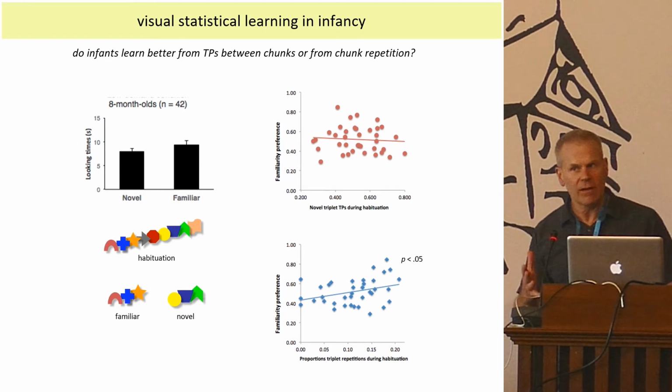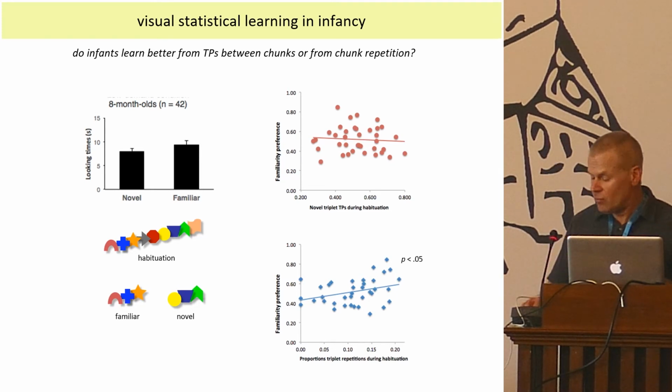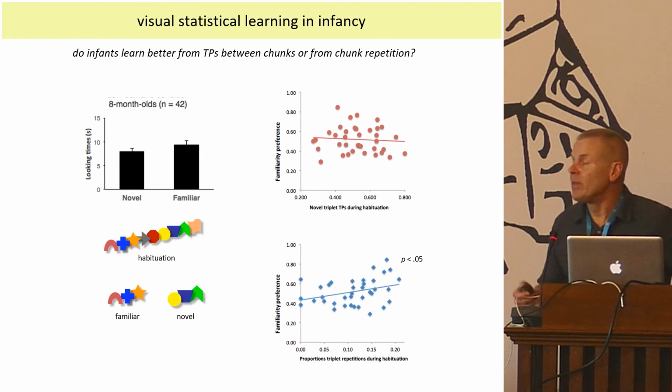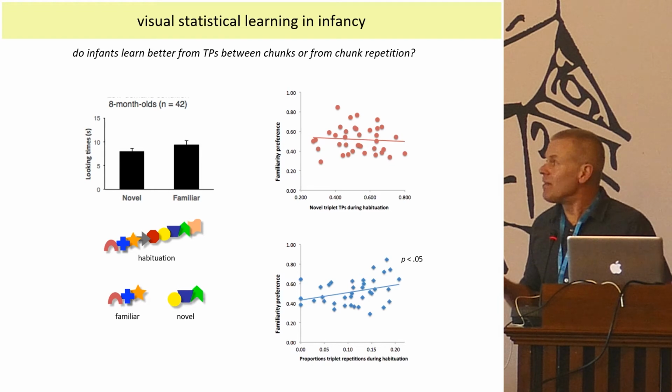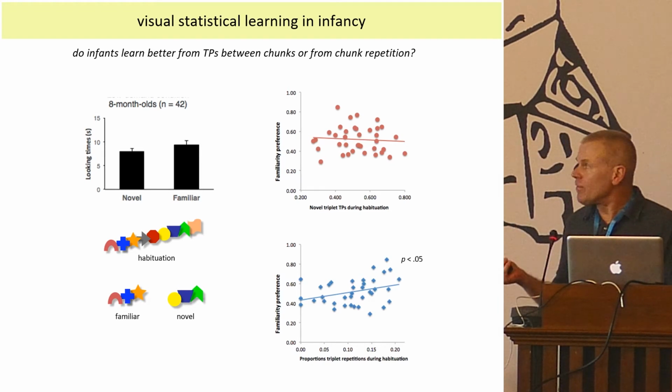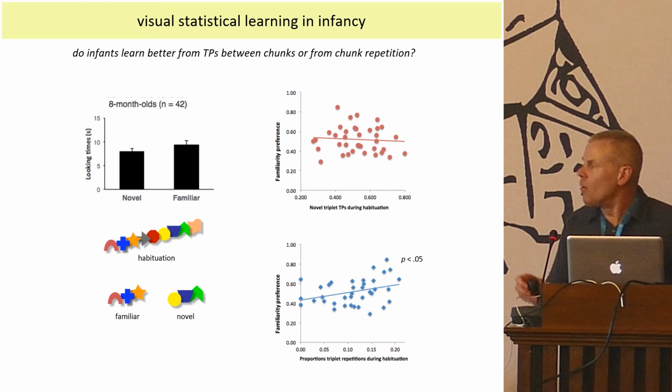Some babies looked a long time, some babies didn't look very long at all. And also the fact that it was pseudo-randomized meant that, in fact, the transitional probabilities in the novel triplet were free to vary. And in fact, they did vary. Babies, again, got different kinds of input. And as a consequence of that, the transitional probabilities of the so-called novel part pair were really wildly different.